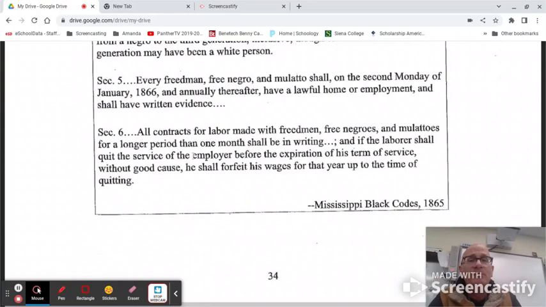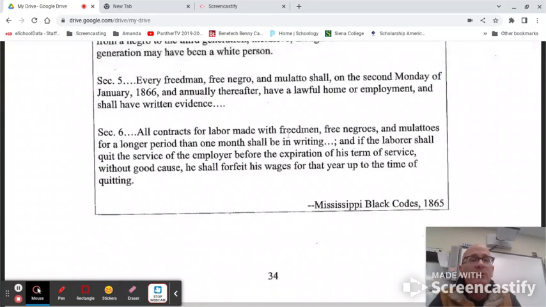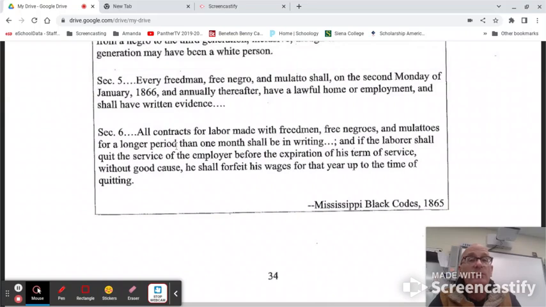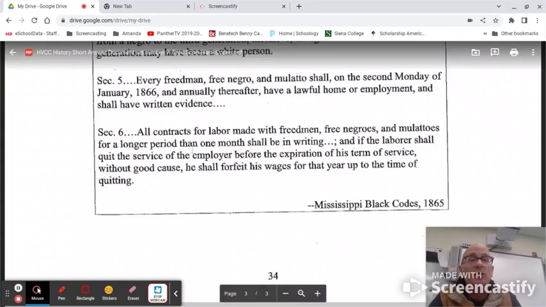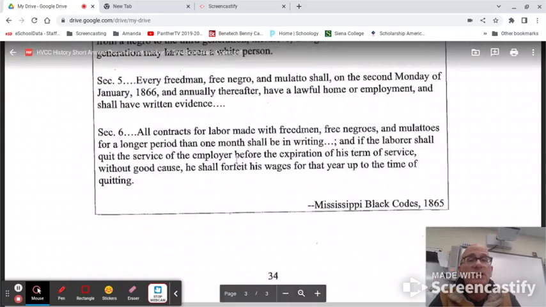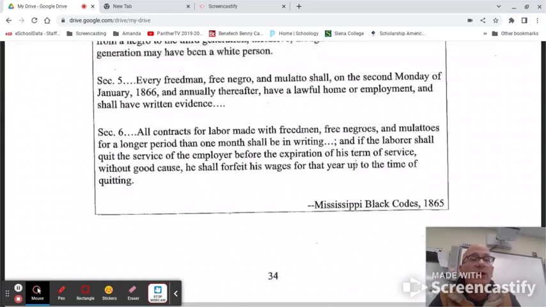And finally, section 6 of the document, all contracts for labor made with freedmen, free Negroes, and mulattoes for a longer period than 1 month shall be in writing. And if the laborer shall quit the service of the employer before the expiration of his term of service without good cause, he shall forfeit his wages for that year up to the time of quitting.